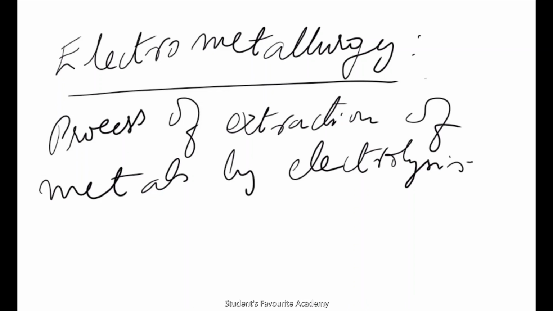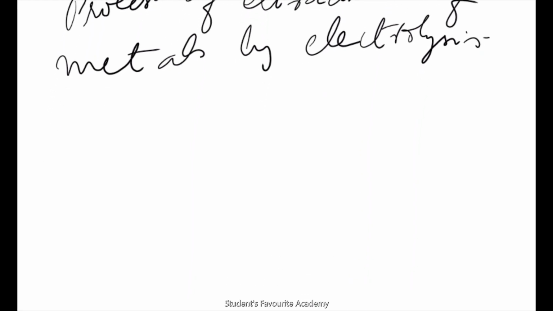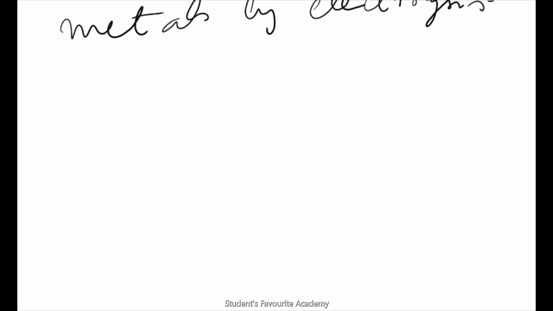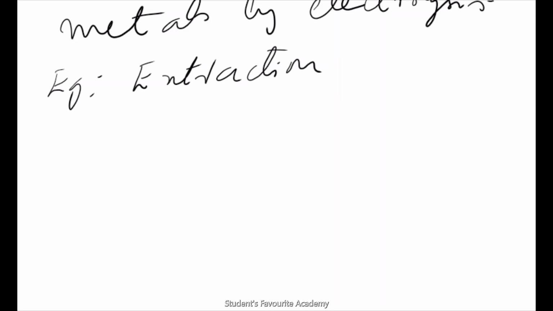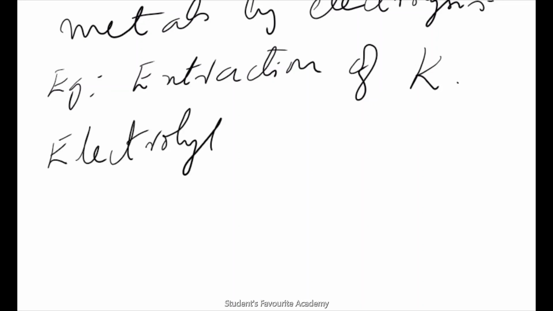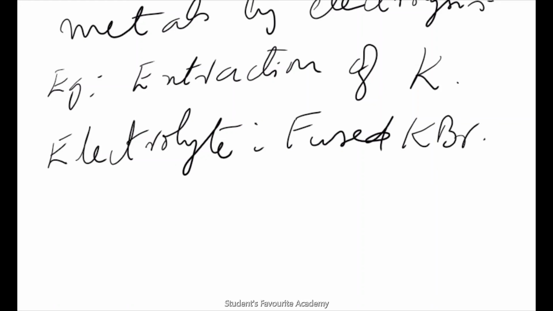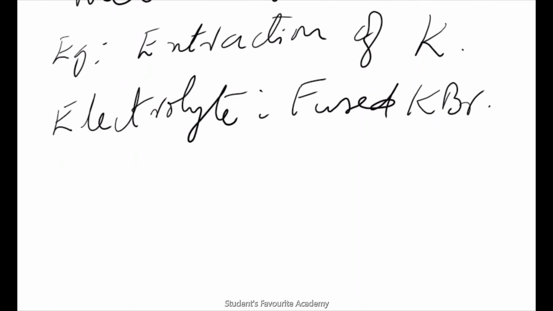For example, for extraction of potassium metal, the electrolyte is fused potassium bromide, that is KBr.